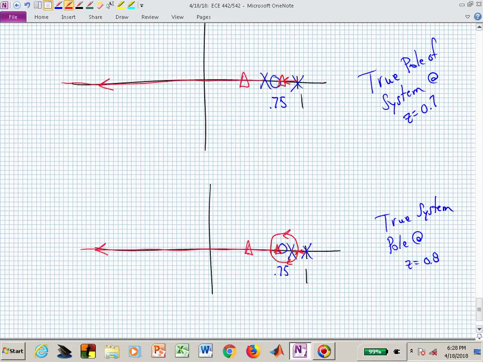Very similar to the other case. We have a closed loop pole that's almost getting canceled by the zero, and we have our dominant pole that we wanted, pretty much in the same place that we had it when we had that model being a pole at 0.75.